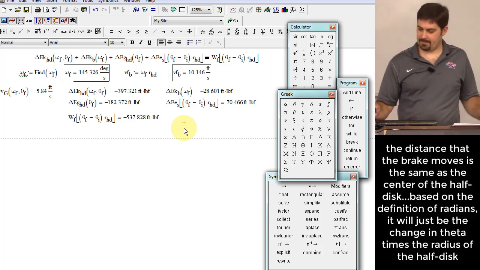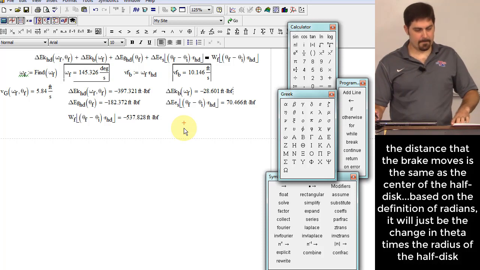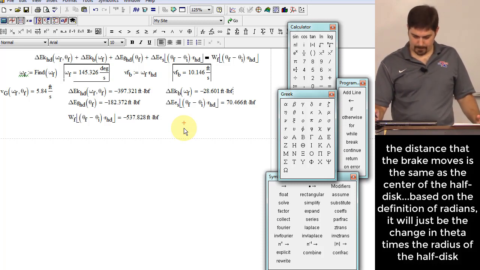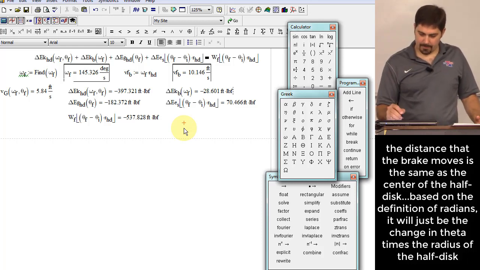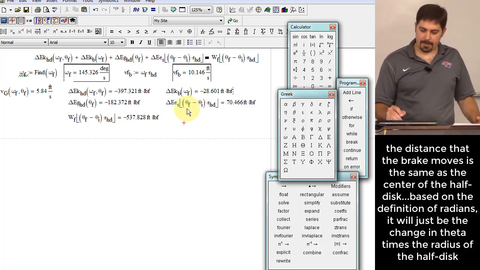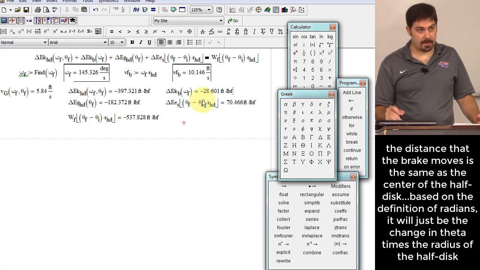Yes, sir? I'm still confused on how you related the delta E sub S to arc length, because I mean that's basically. Okay, what I'm doing is I'm putting in an argument here that is equivalent to x, right? That's the argument for delta E ES right there.